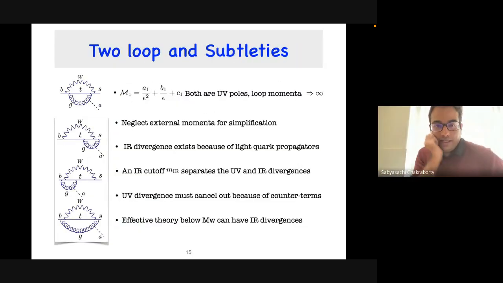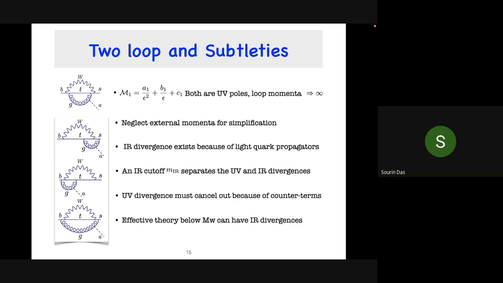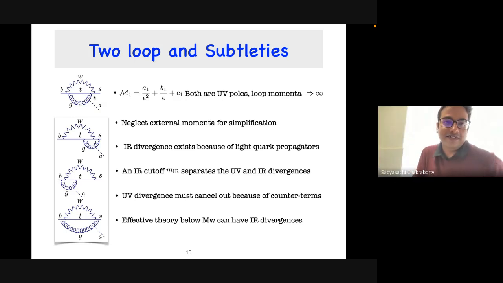Probably this could be an answer. Please let me know if this answers your question. This is a two loop, so you have UV poles as well as IR poles. The UV poles would come when the momentum diverges, and the IR poles come because you have a light quark here, and light quark momenta can go to 0.